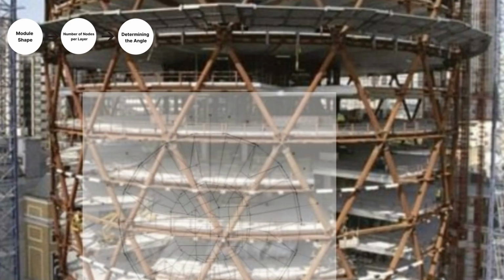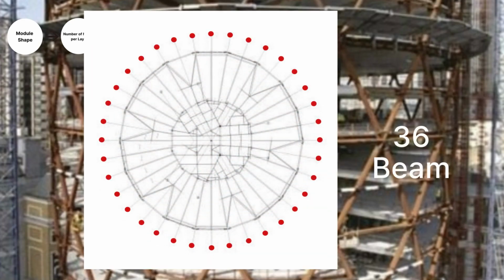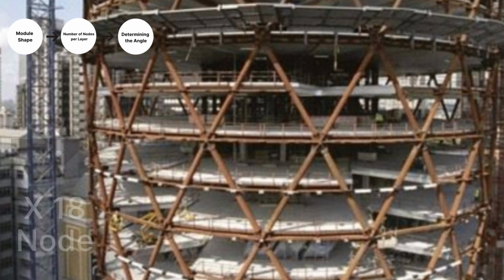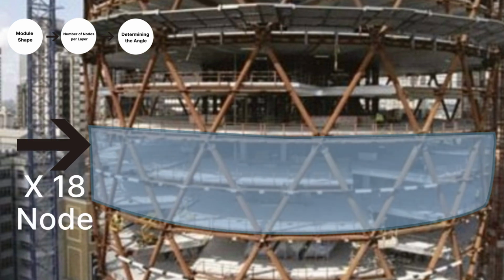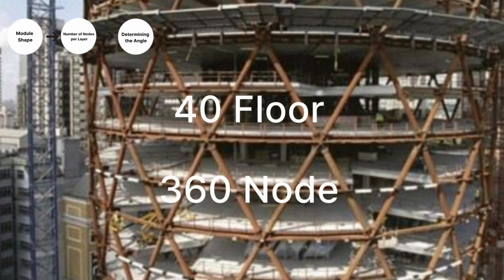The building's circular structure is divided into 36 radial beams from the core to the diagrid, and each two-story unit contains 18 nodes. Therefore, a total of 360 nodes were used on our 40 floors except the dome.